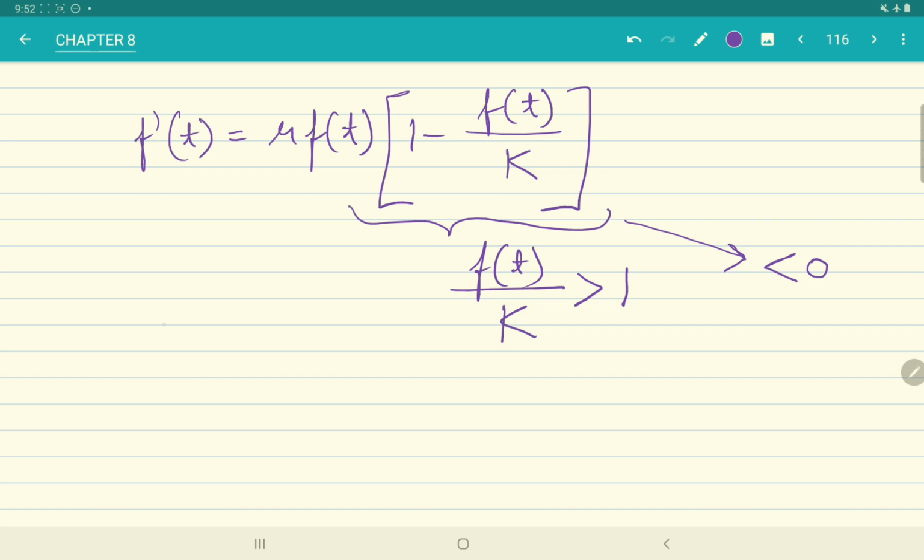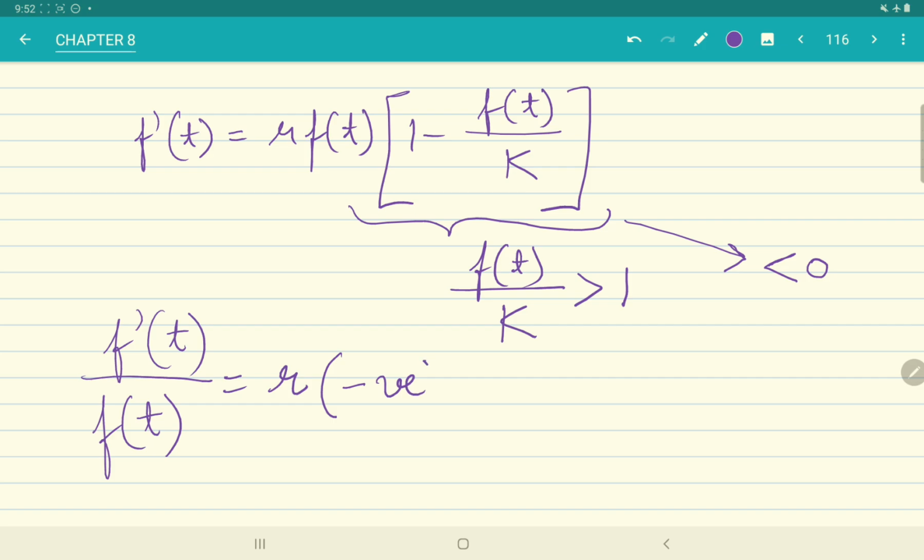And that means f prime t by f of t is equal to r times something negative. And r I know is positive, so this is the per capita rate of increase, which is going to turn negative then. And that's exactly what I started out with, that once we reach the carrying capacity, if the population is above that quantity, the per capita rate of increase turns negative.